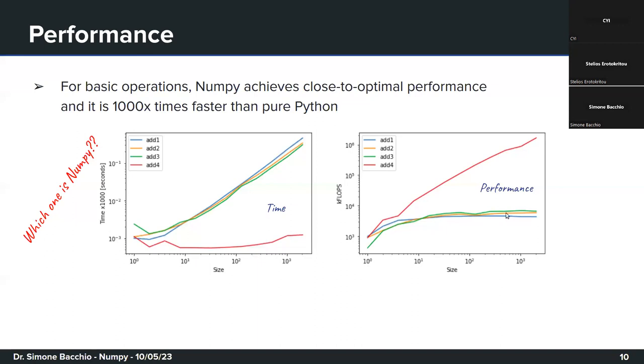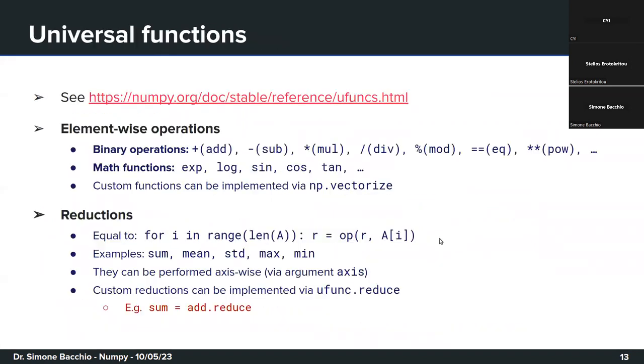And you can see that something that goes faster does many more operations per second. In this case, NumPy can do on the order of 1 million operations per second, while Python can do on the order of 10,000 operations per second. So this is another way to visualize the same thing.